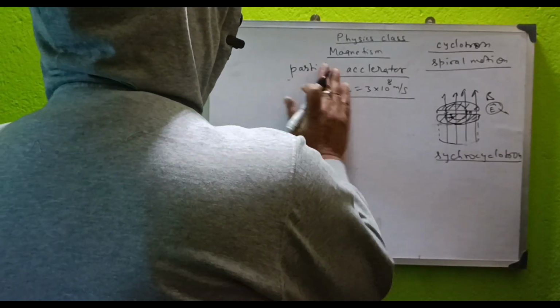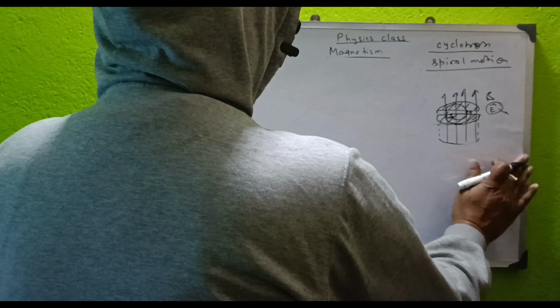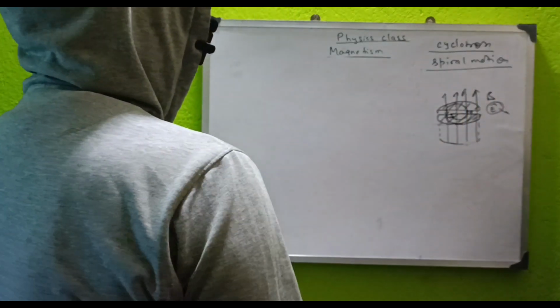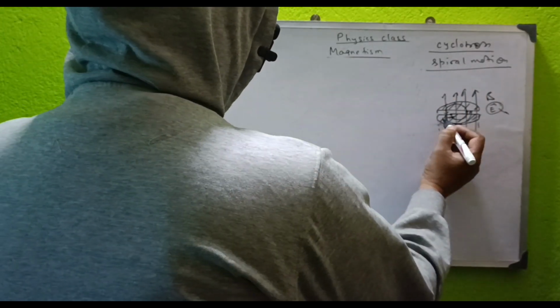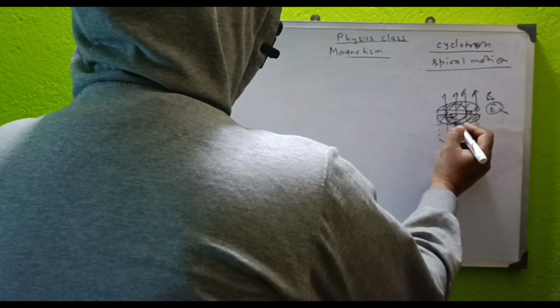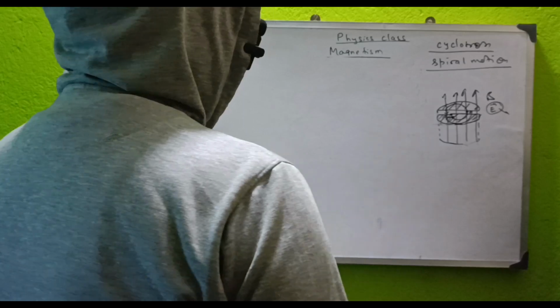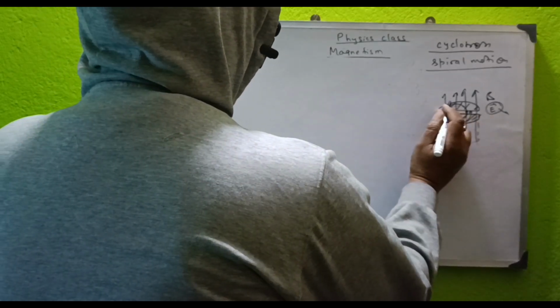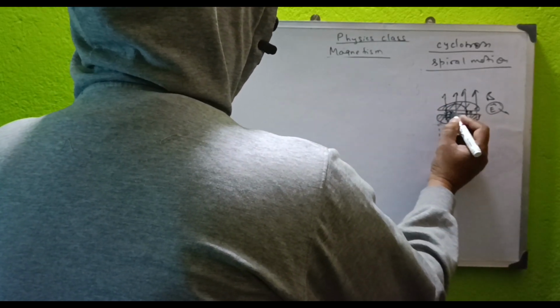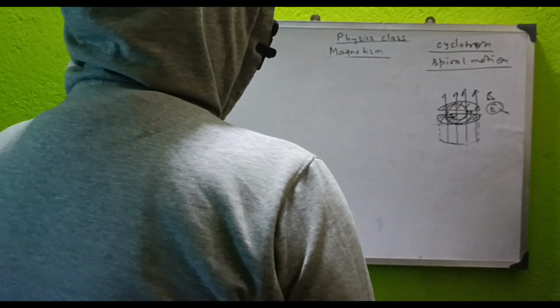So let us see this particle accelerator and what does it constitute. I have drawn a diagram wherein the cyclotron consists of two Ds. The upper surface area looks like D, and another D which is separated by a very small distance.